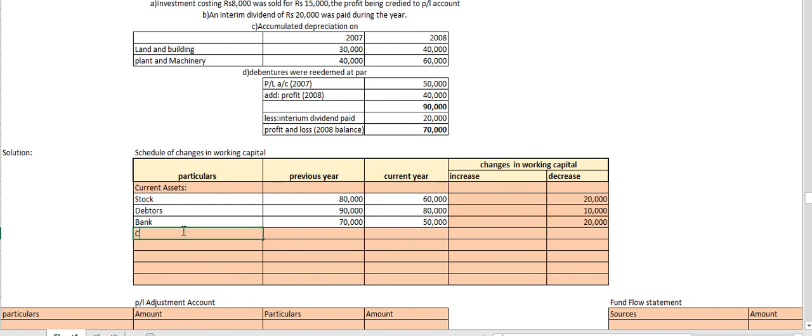Now the total of your current assets for last year is $2,40,000, and for the current year it is 1,90,000.